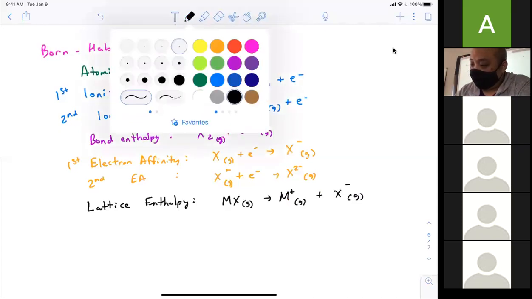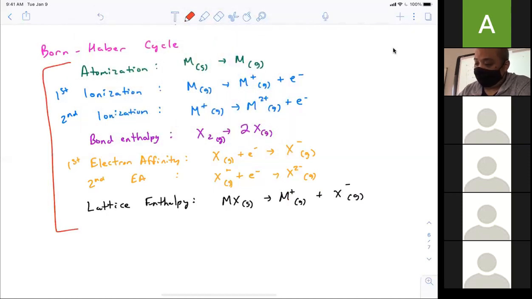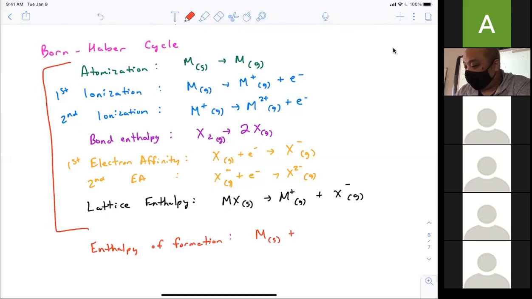What's crazy is that this whole cycle, when you illustrate it out correctly, ends up equaling the enthalpy of formation of that ionic compound, which is M solid plus, depending on what diatomic it is, in this case 1/2 X2 to make sure it's balanced, but it could be just X2 as well.